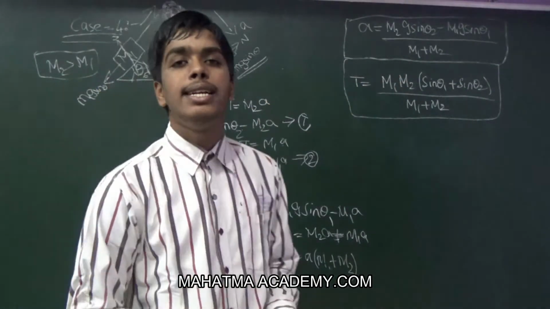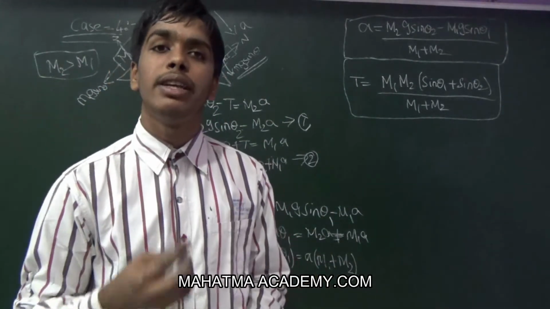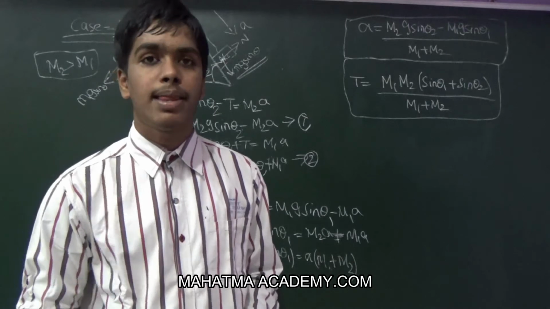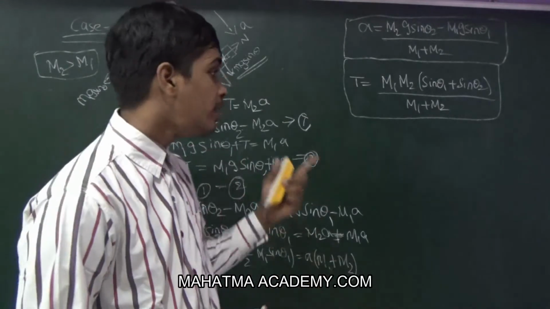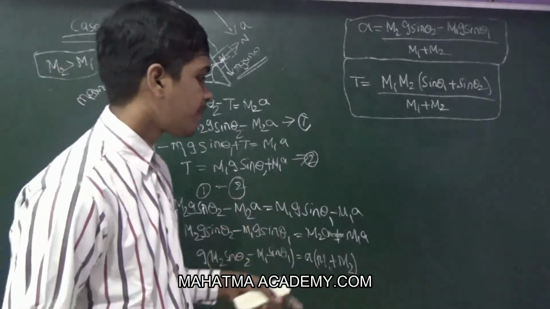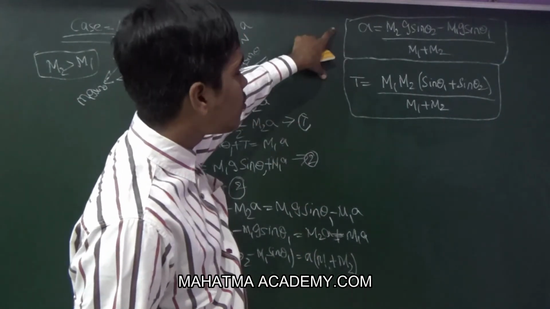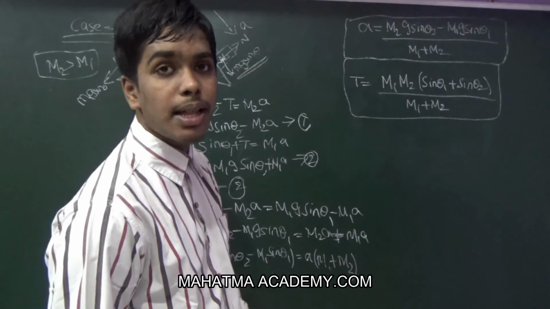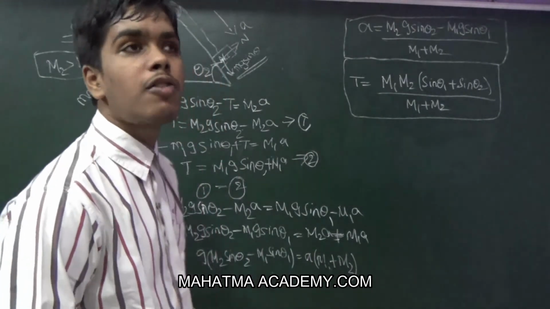Now there is a simple trick for finding the tensions for the 4 cases. As we have seen the 2 cases in the previous session, now there is a trick for writing the free body diagrams for this. Now this is the trick. We will apply this formula for the 4 cases. Now we will see how we apply in a tabular form.